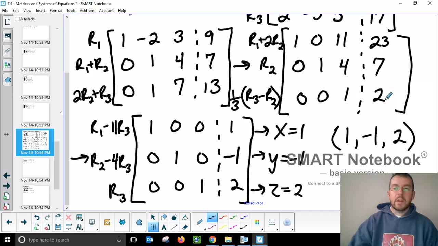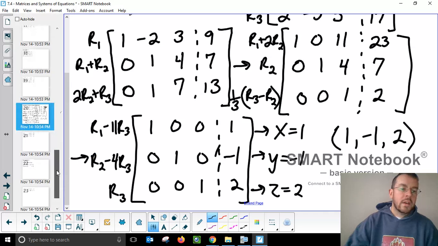We would have said, okay, well, z equals 2, and then y plus 4z equals 7, which we would have solved y to be negative 1, and then we would have plugged y and z in up here and solved for x. Right? Well, once we get it in this nice reduced row echelon form, it basically just gives us our answers.